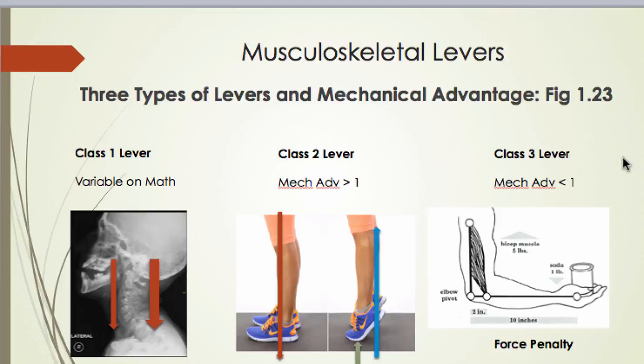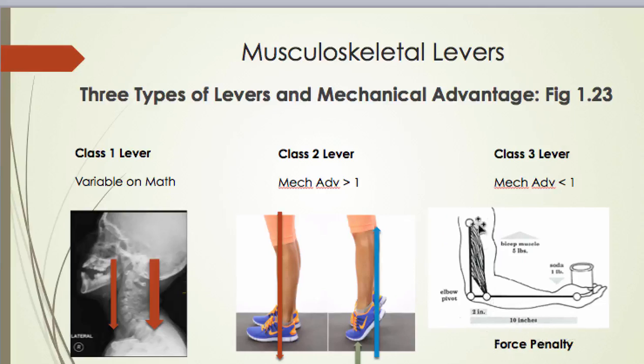In our class 3 lever, our mechanical advantage is less than 1. We just talked about that in the last slide, because this is 2 inches, this is hypothetically 10 inches, so it takes 5 times the amount of internal muscular force to hold an object out here. So here's 1 pound, 10 divided by 2 is 5, 5 times 1 is 5 pounds of muscular force. So what we have here, and it's most common in our bodies, is a force penalty.